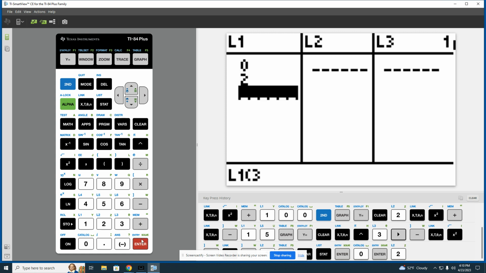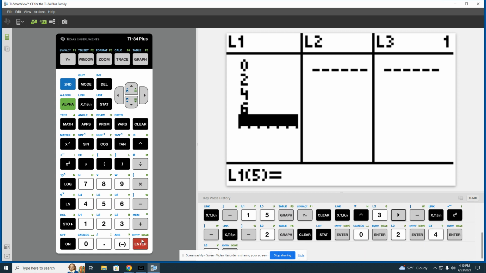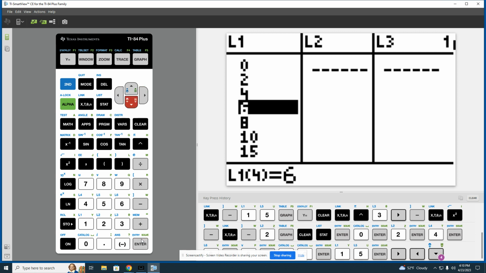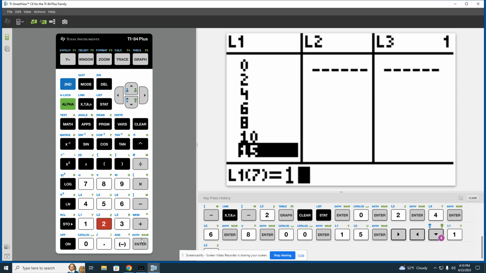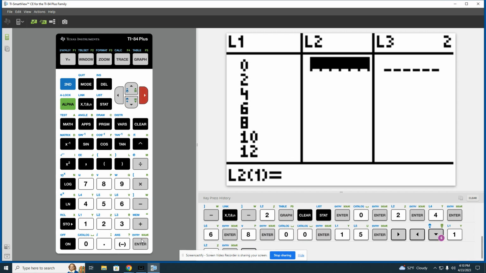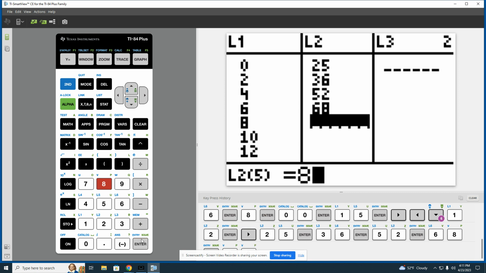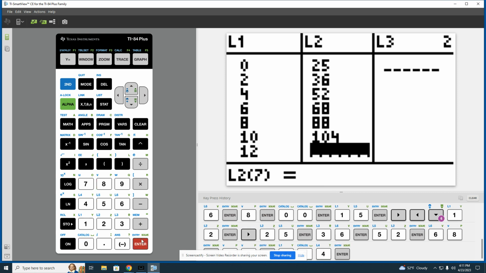We have 0, 2, 4, 6, 8, 10, 12, and then, whoops, I did 15. Let me fix that real quick. 12. And then over here with 0, we did 25. Then we did 36, 52, 68, 88, 104, and 151.